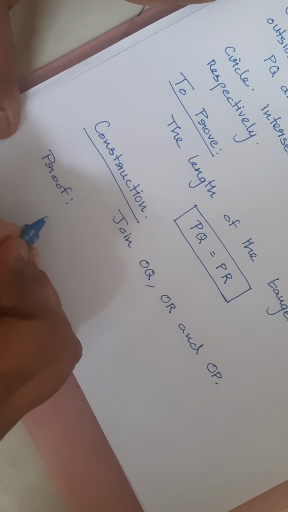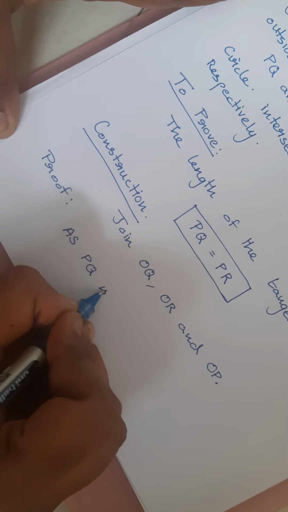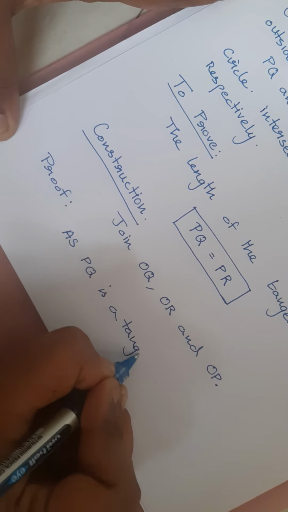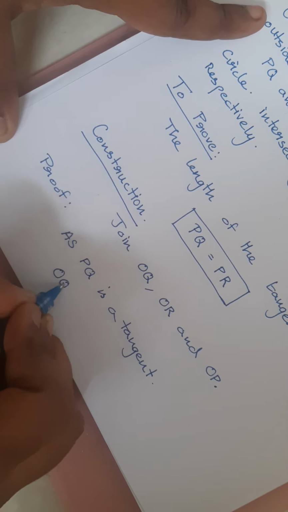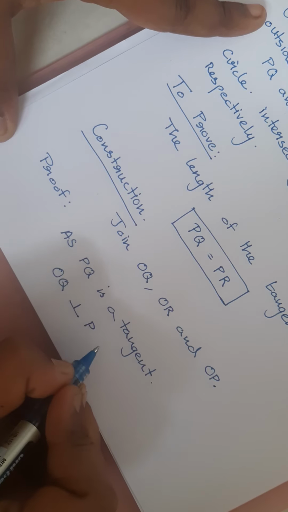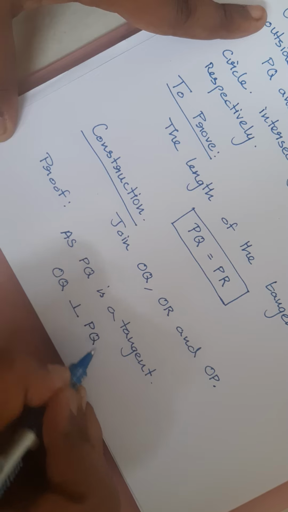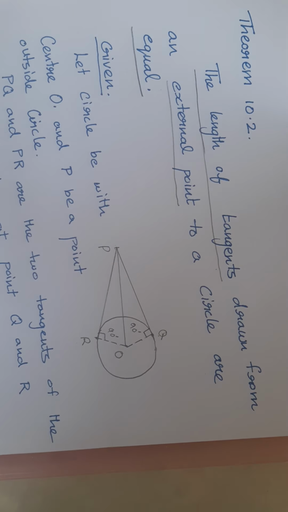As PQ is a tangent, OQ is perpendicular to PQ. I already told you in theorem 10.1 that the radius drawn to the point of contact of a tangent is perpendicular to that tangent, correct?